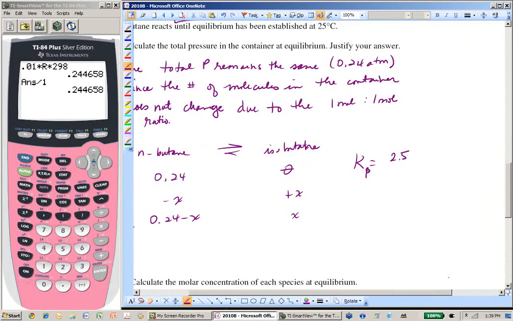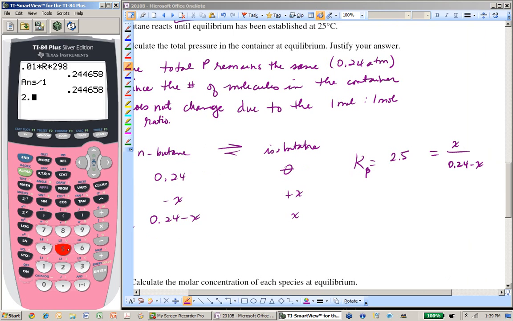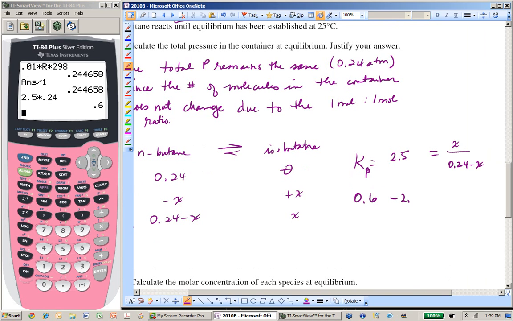So it's 2.5, and that's equal to X over 0.24 minus X. So cross multiply 2.5 times 0.24, and that is 0.6. That's a nice number to deal with.